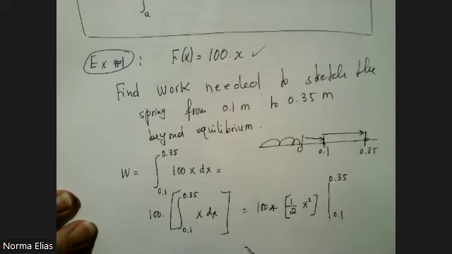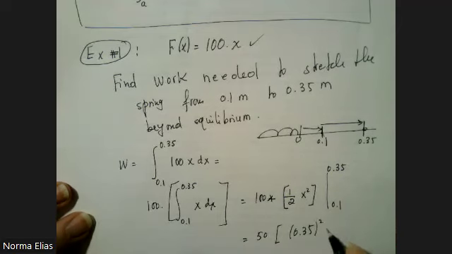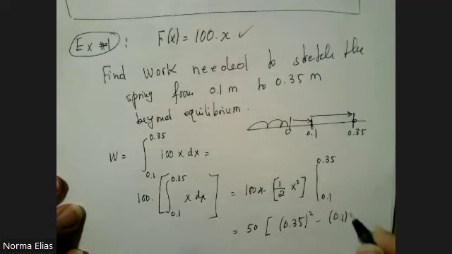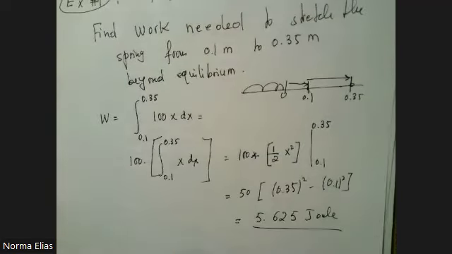And then the rest is simple math. 100 you can get out, and then you will have 0.35 squared minus 0.1 squared, and you do all the math, and if I've done it correctly, you get that many joules. Okay, so that's a very standard problem. The force is given to you, then you have to find the work, and you just have to use the integral.